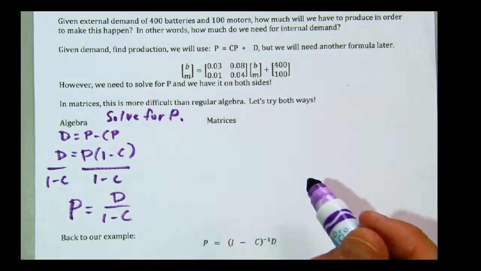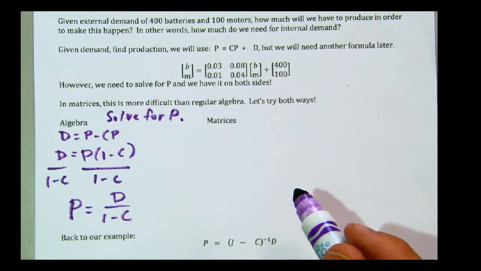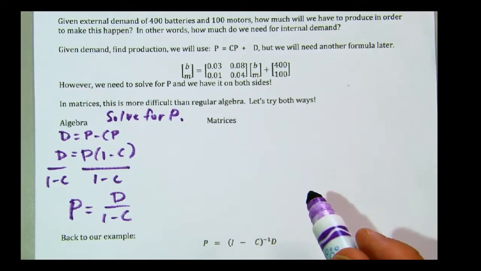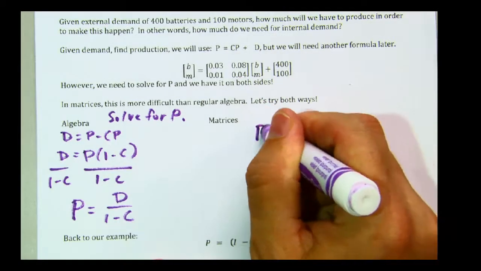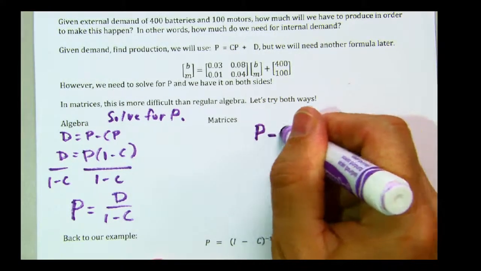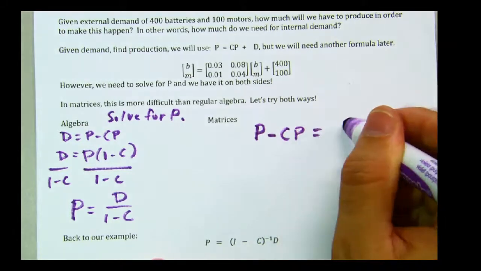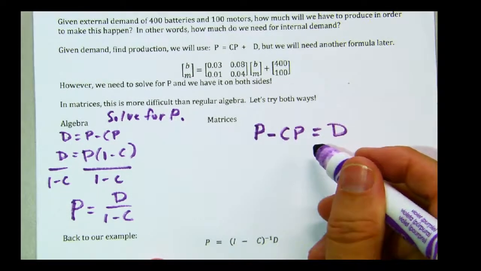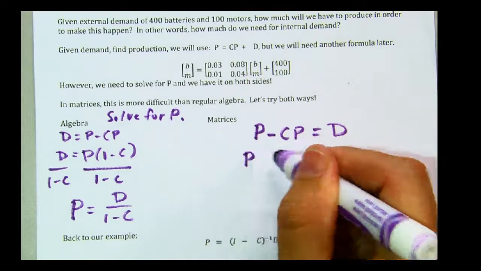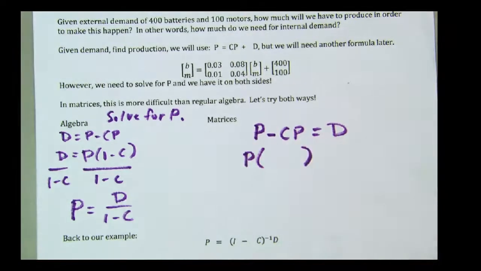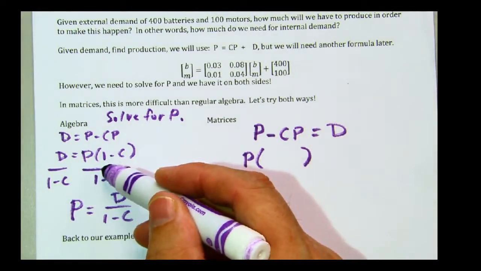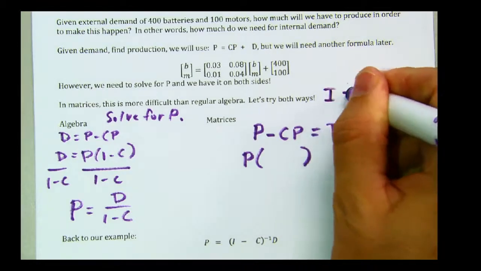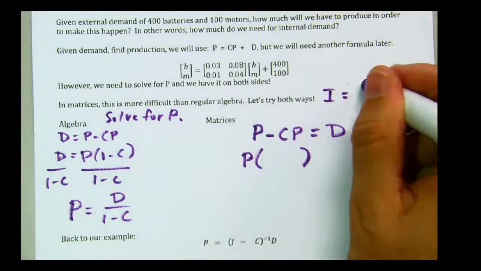Now with matrices, it's a little bit different. The order that you do all this in is very important. So if I have this same type of situation, I'm going to write this P minus CP on the left side. So I'm going to factor this out. What happens with matrices is that we don't have a 1. There is no such thing as a 1. What we do have is something called the identity matrix.